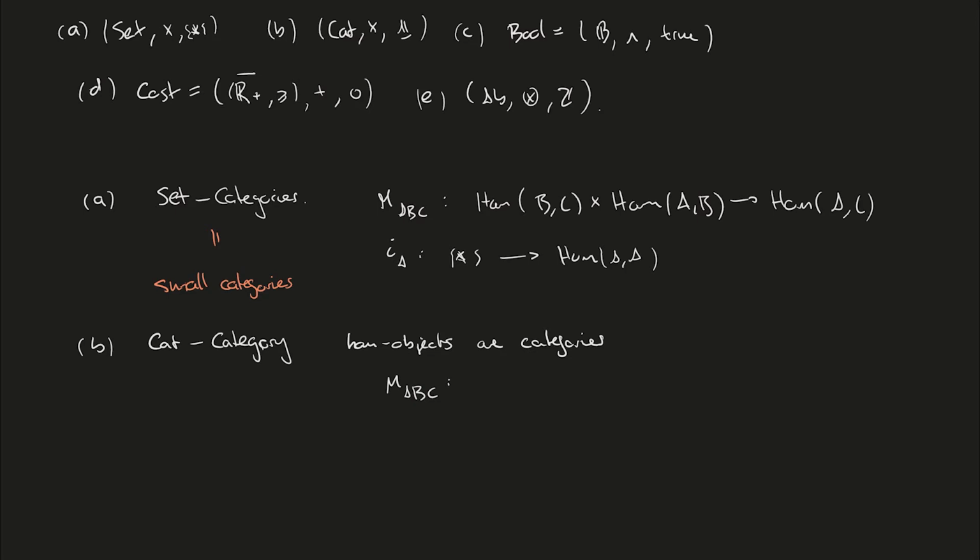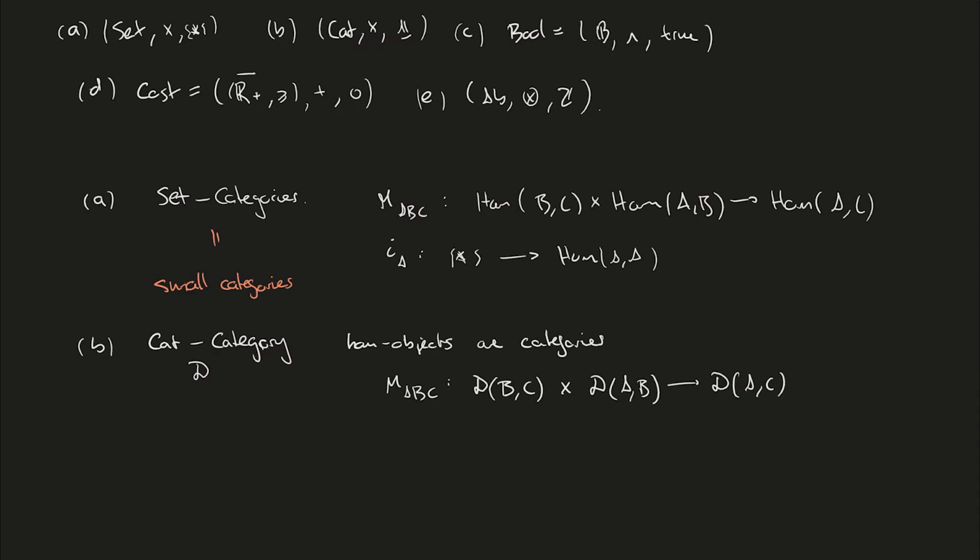If we call our Cat category D, then in the notation from before, this is D_BC, that's the Hom object of B and C. Now, the tensor product is just the product of categories, so we get D_BC cross D_AB to D_AC.